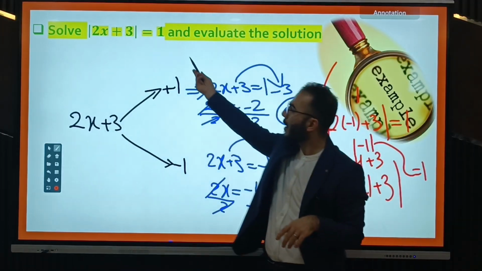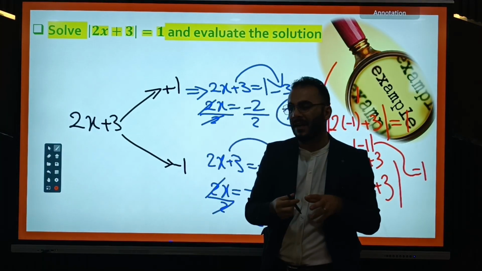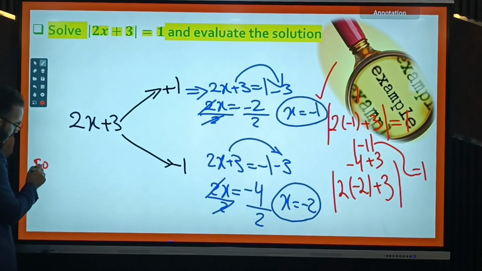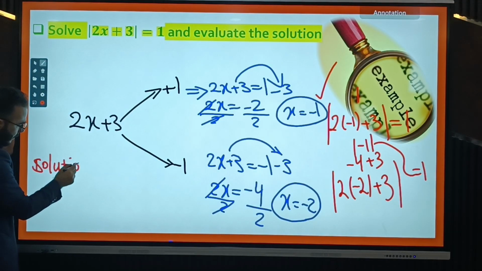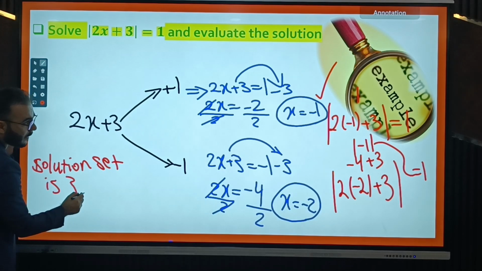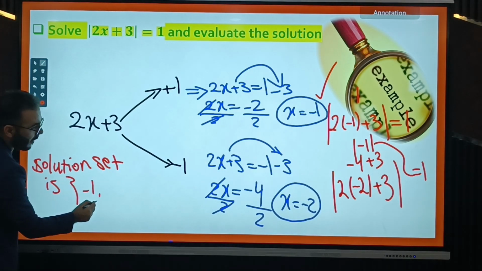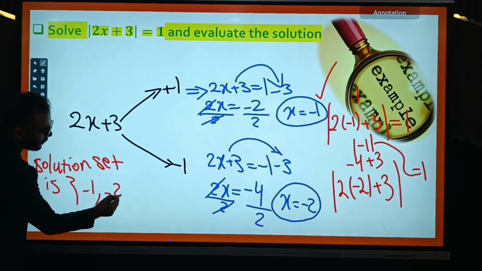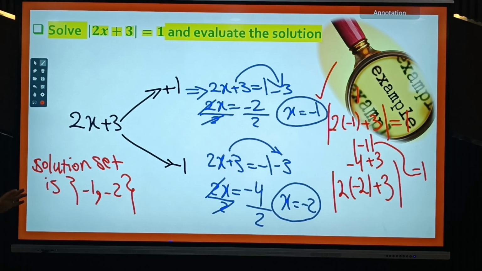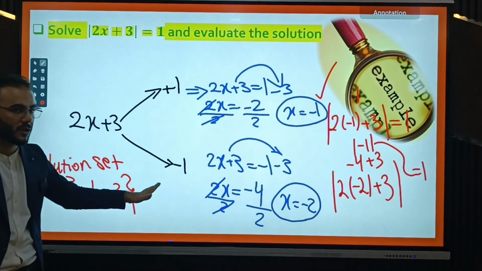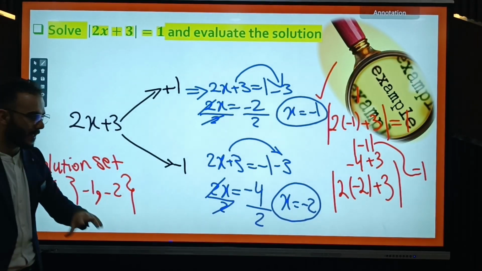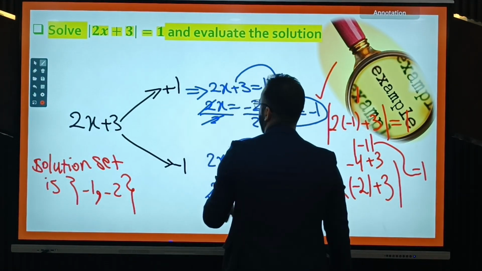Since it's equal to 1, we are going to say that the solution set is both negative 1 and negative 2. That is how you are going to solve such questions, evaluate them, and write the solution set. And I hope that this is clear to you, ladies and gentlemen.